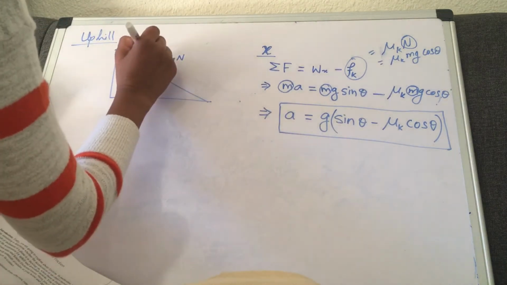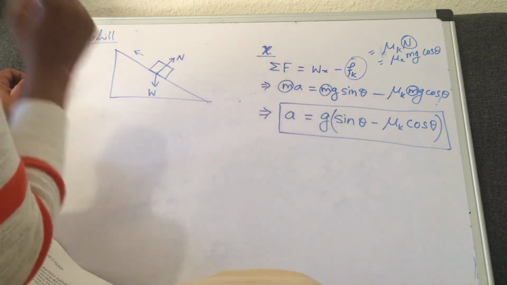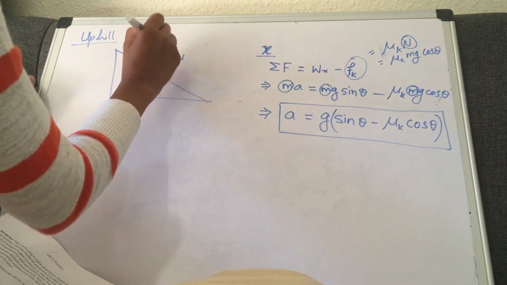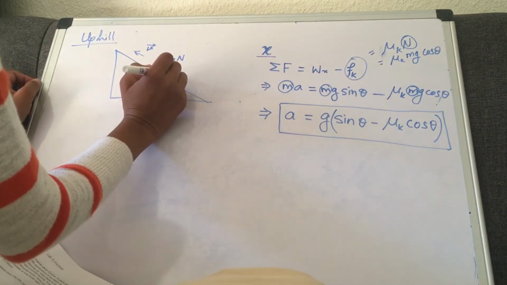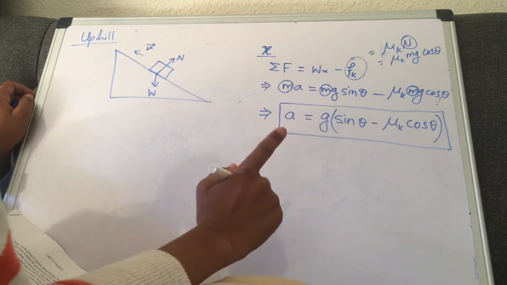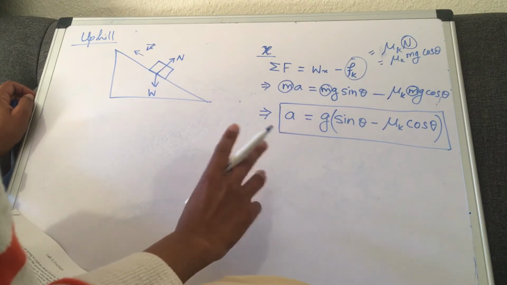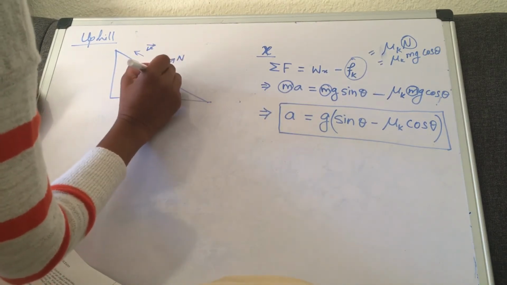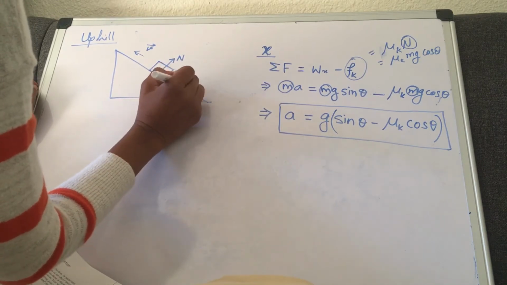And then if this object is now moving this way, velocity, because the friction always acts in the direction opposite of the motion of an object, the kinetic frictional force must be acting along this side, Fk here.